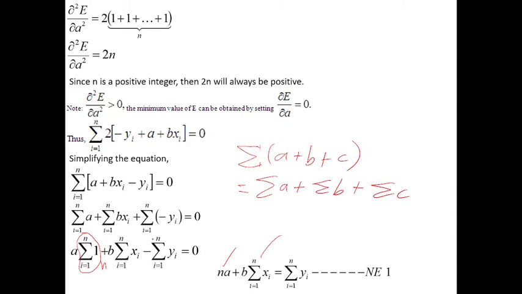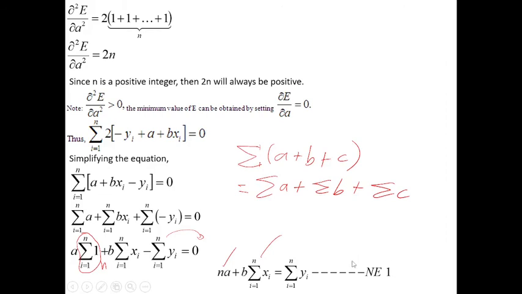Then we transpose this summation y sub i from i equals 1 to n. Normal equation ang tawag dyan pag nag-apply tayo ng method of least squares.